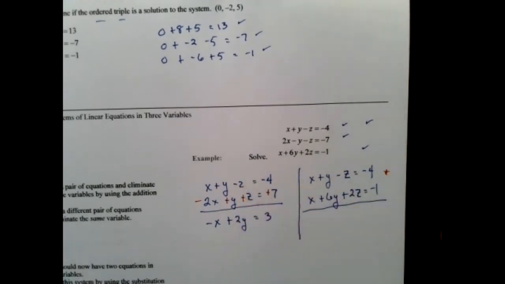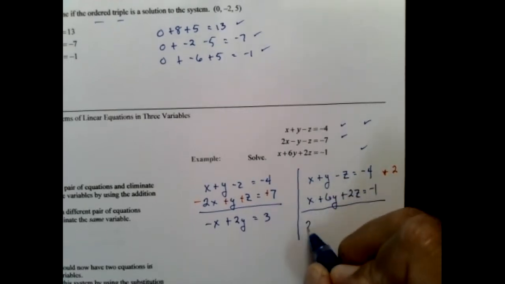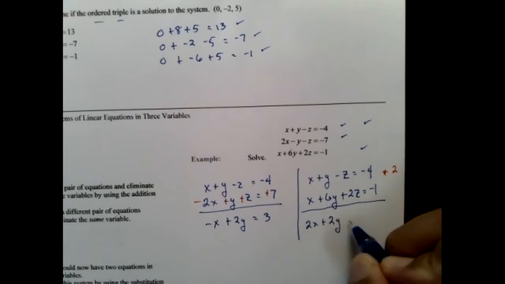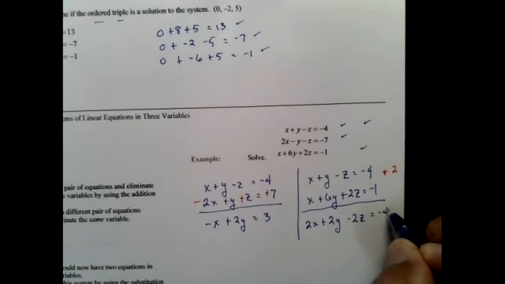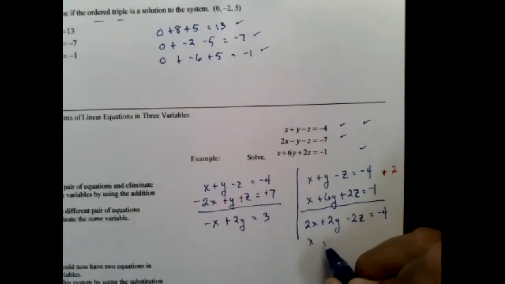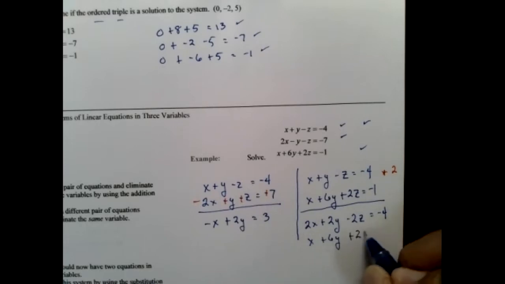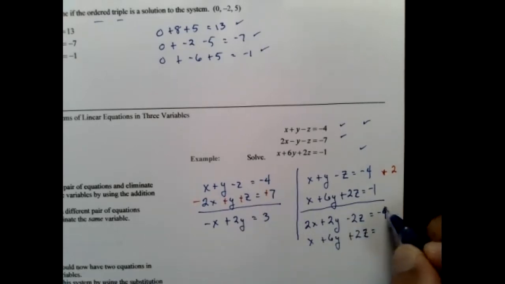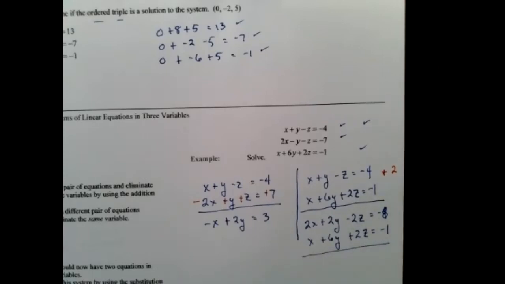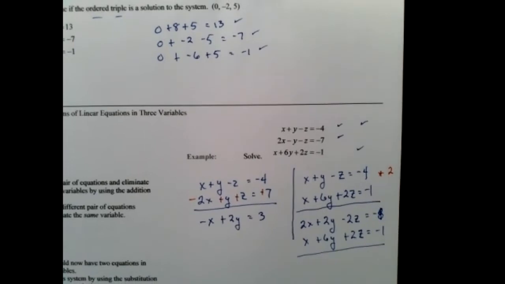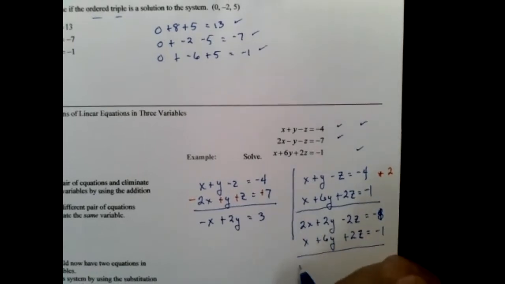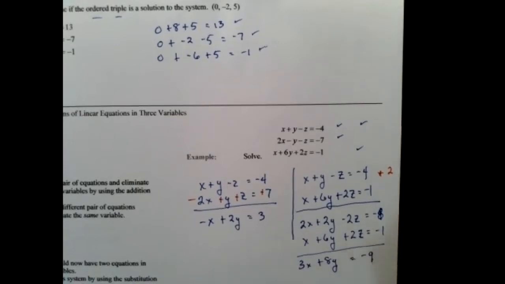I get a new row there, 2x plus 2y minus 2z equals negative 4. Then x plus 6y plus 2z equals negative 1. Adding them, 3x plus 8y equals negative 9.